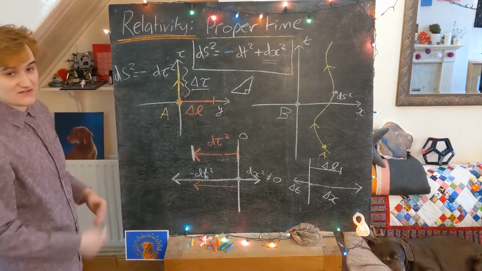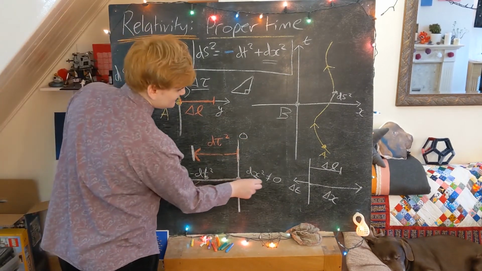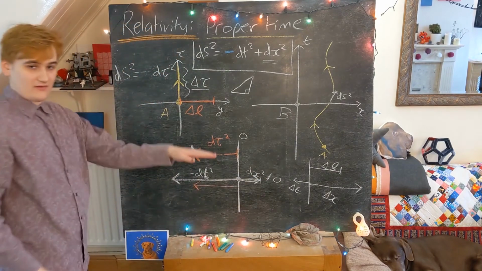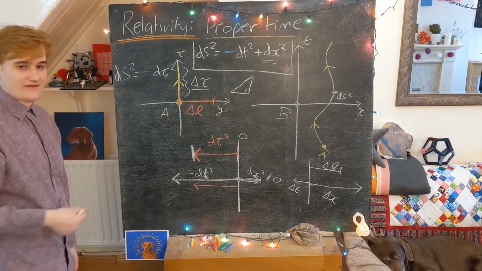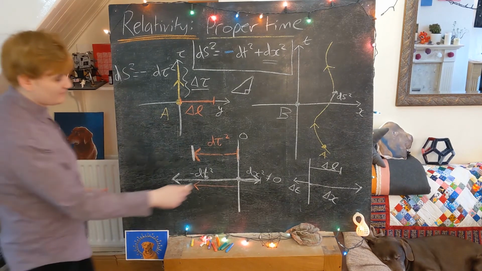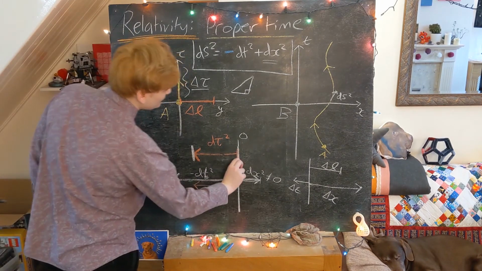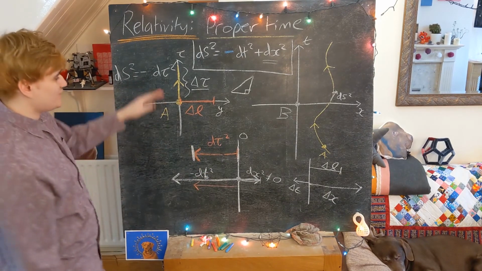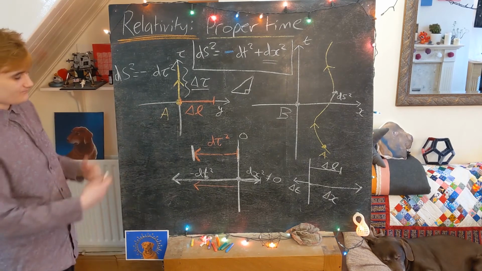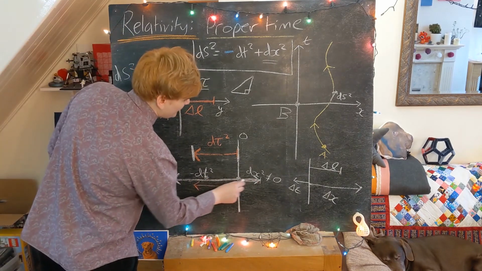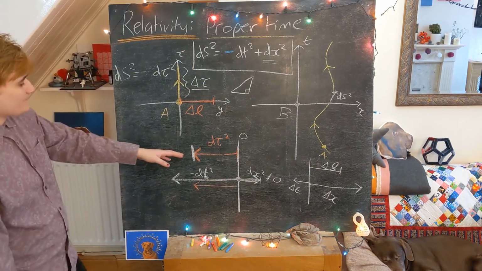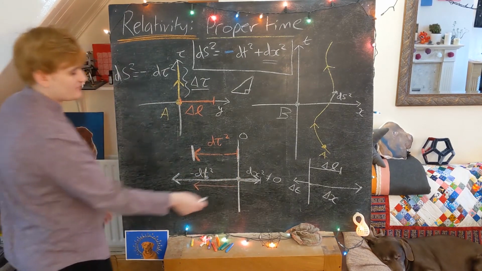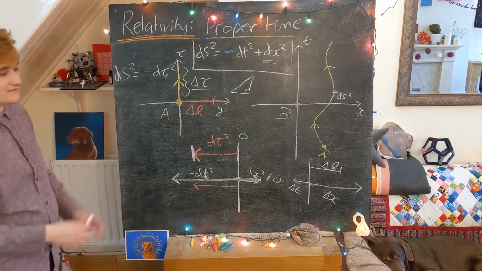Positive additions to the line element can just be represented by a short vector or just a length going that way, and then we subtract a vector going this way, and how they overall sum up has to always correspond to some fixed interval, which is fixed by the stationary frame. And so this is just a nice way to visualize how that fixed interval can become distributed over a coordinate space and time interval.